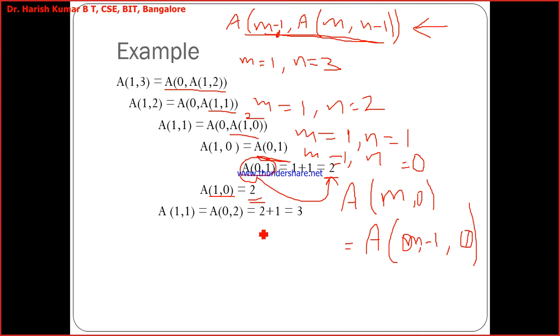Now what is this value? Applying n plus 1 again, n is 2 plus 1, so I get 3. Now I have the value of A of 1 comma 1.